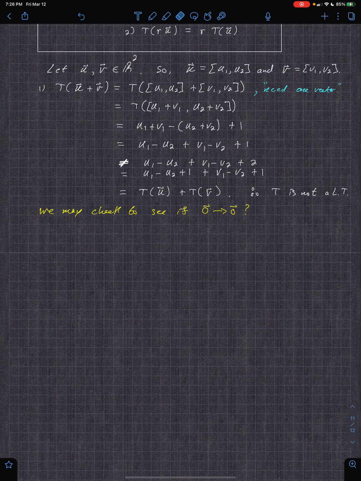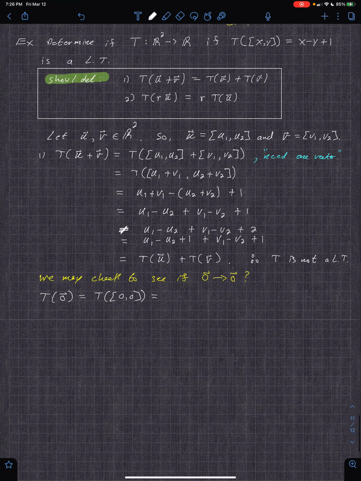Let me write it out nicely like you would show it. T of the 0 vector, which is T of (0, 0), is by definition of the function 0 minus 0 plus 1. Well, that is not equal to the 0 vector. So same conclusion, because 0 does not map to 0, it is not a linear transformation.